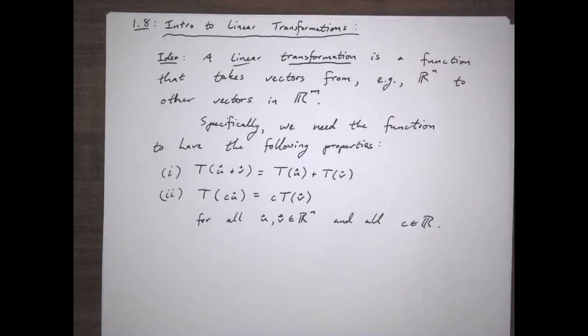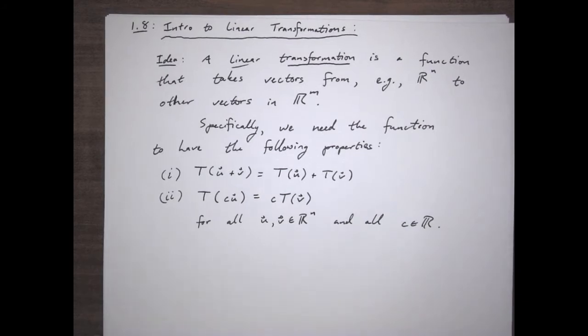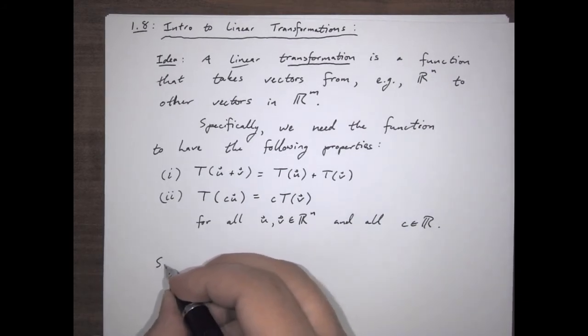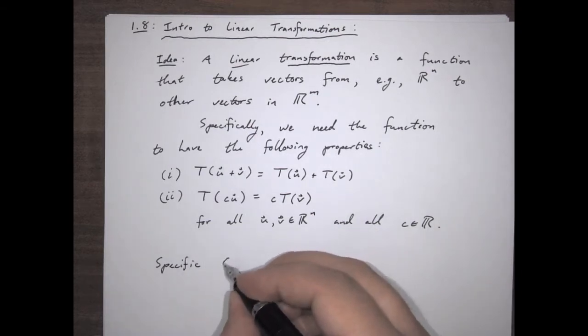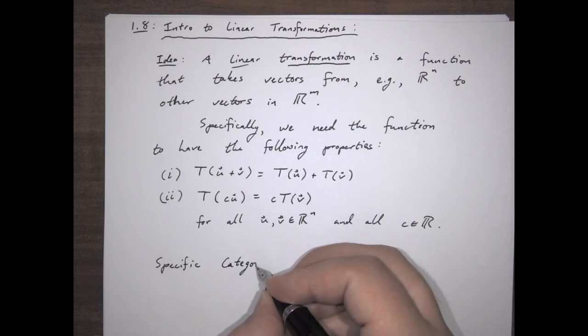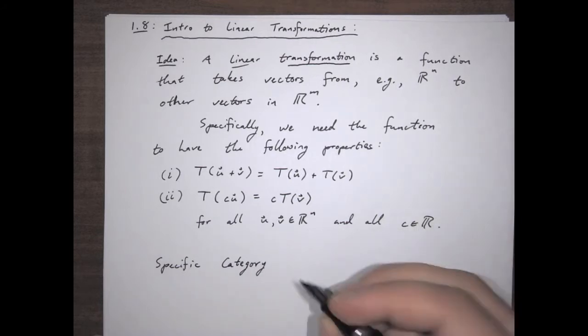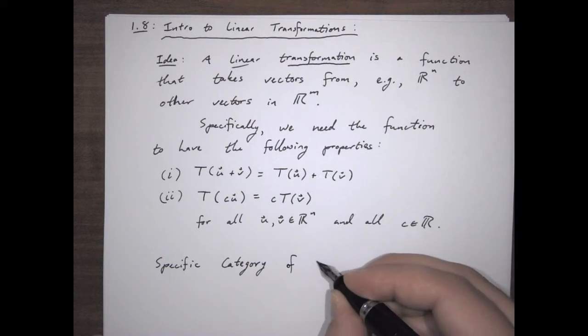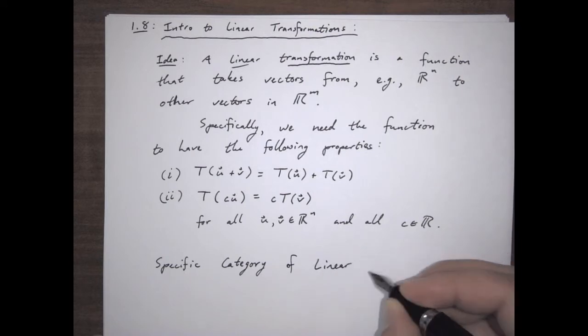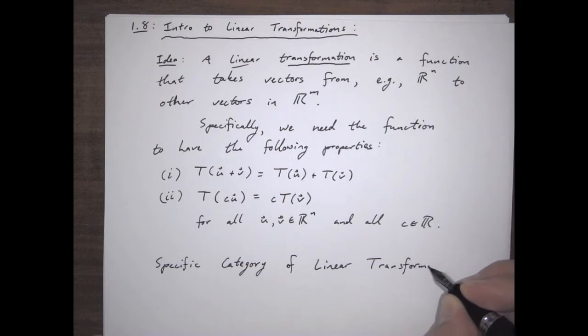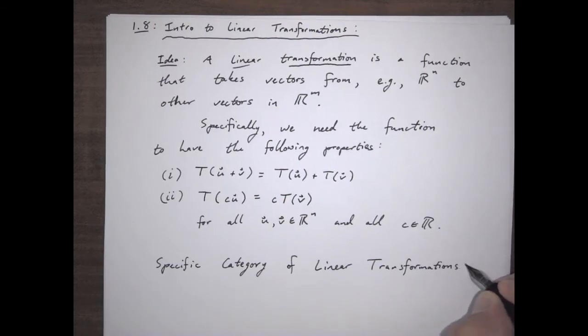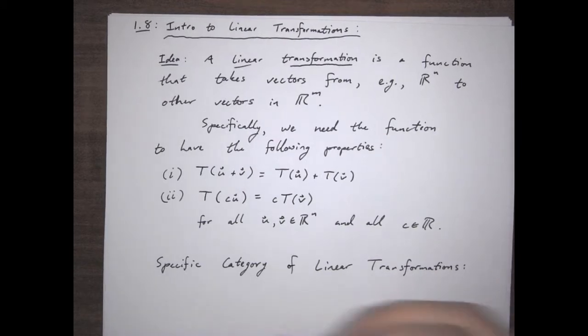What we're going to focus on in this particular section is a very specific kind of linear transformation, the kind that you get when you multiply by a matrix. So there's a specific category, which is going to be the focus of this section: a specific category of linear transformations. And that's going to be matrix transformations.